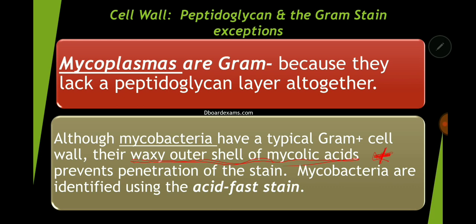So mycobacteria are identified using acid fast stain. These are critical things that you need to know.